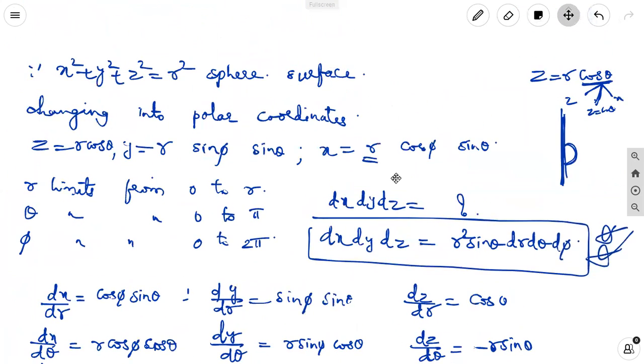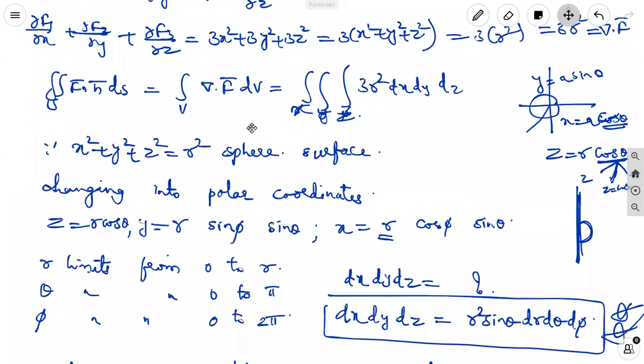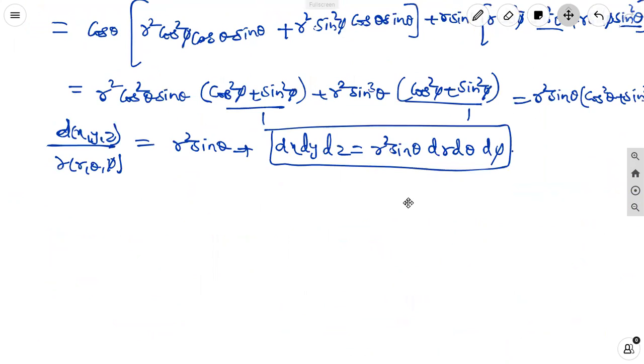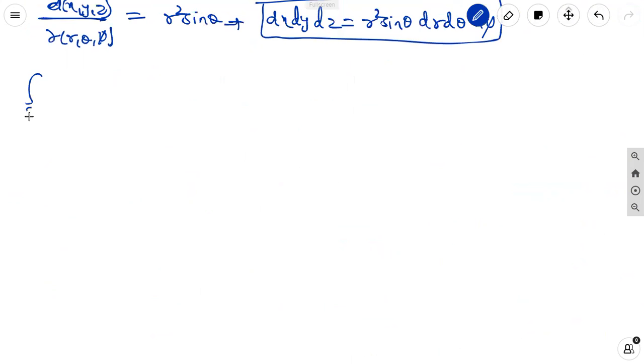Now we can take surface integral of F vector dot n vector dS is equal to volume integral 3r square dV.